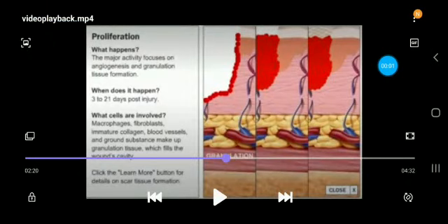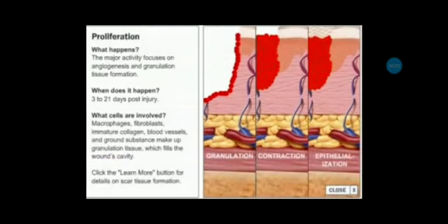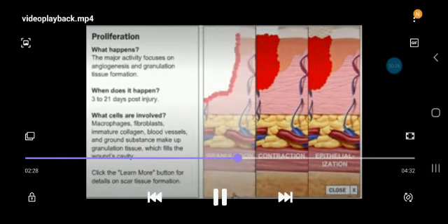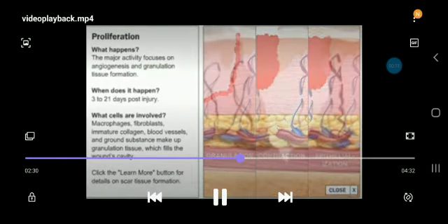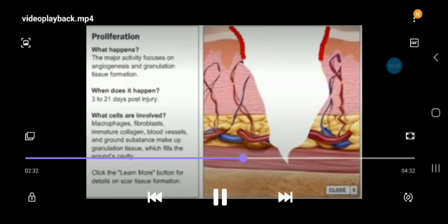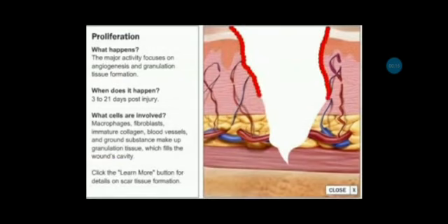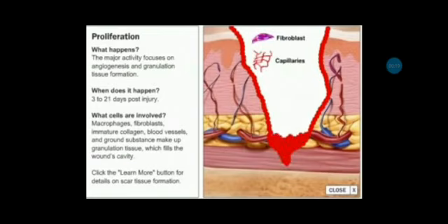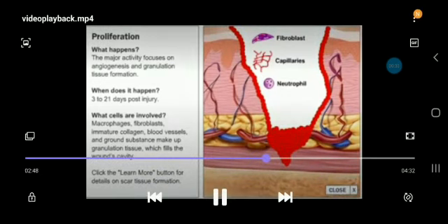In granulation phase, I'll show the video. The granulation tissue releases fibroblasts in that wound, which is very important to develop capillaries and to develop strength in that particular area.